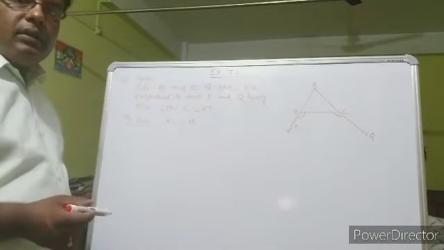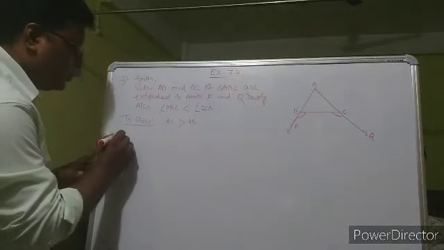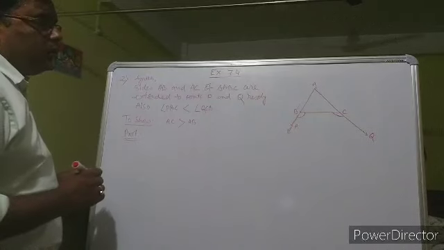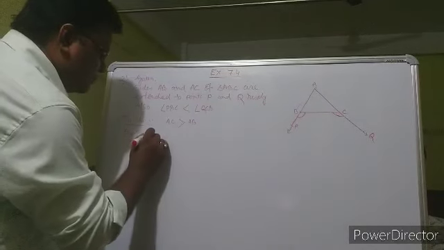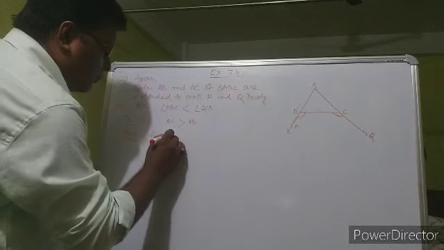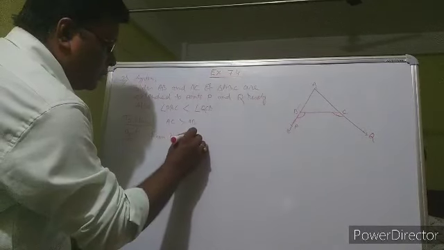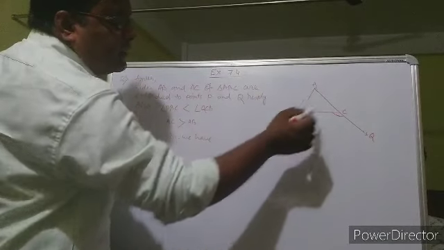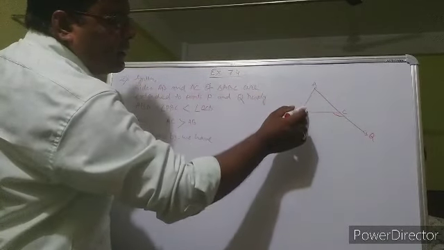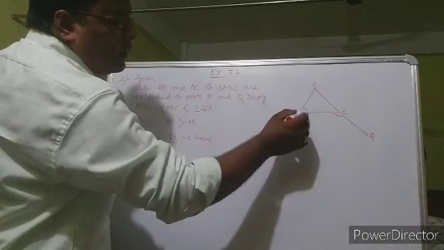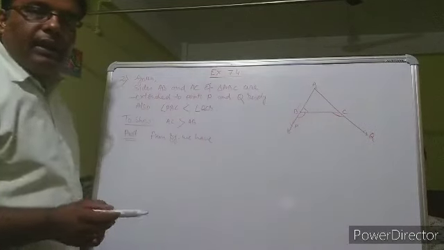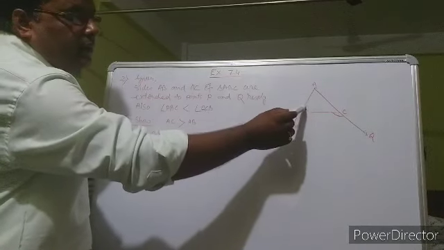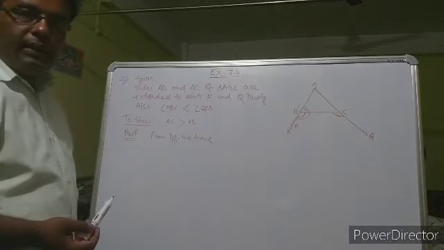So now see, proof. From figure we have, angle ABC and PBC are a linear pair. That is, if we add angle B and this PBC, we get 180 degree.